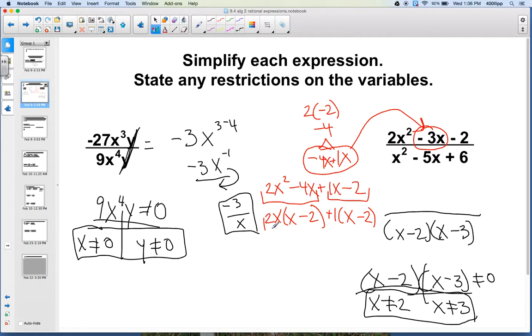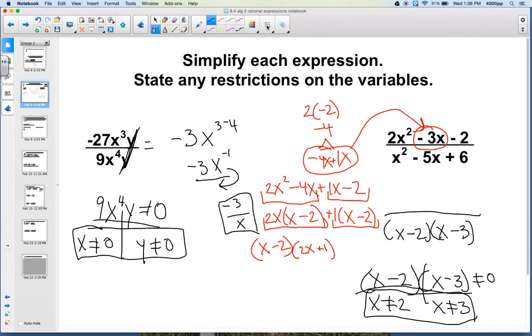And then I look to see, what did I make both of these have in common? I made them both have an x minus 2. If I take out an x minus 2 here, I'm only left with a 2x. If I take out an x minus 2 here, I'm only left with a plus 1. And that's factored.